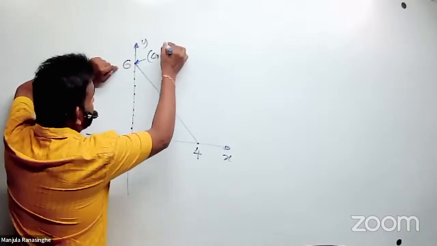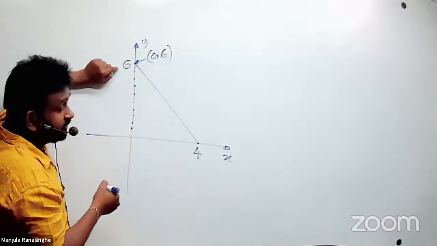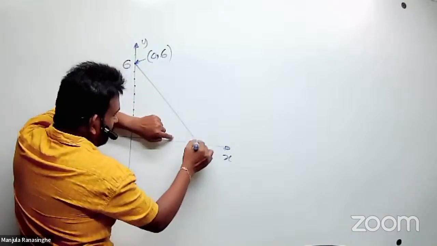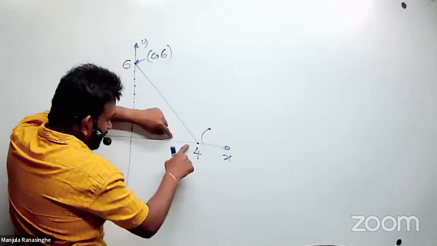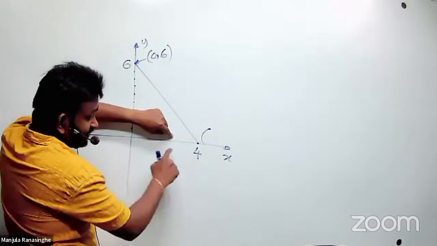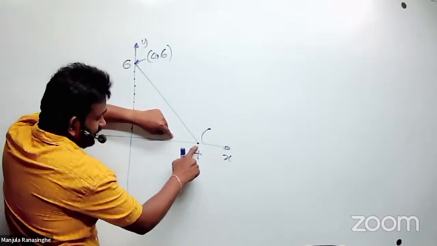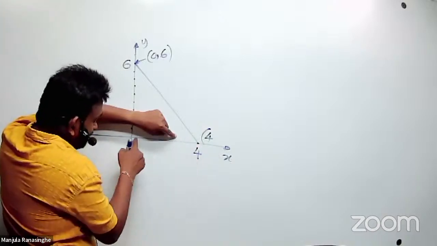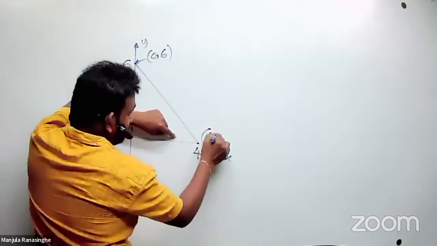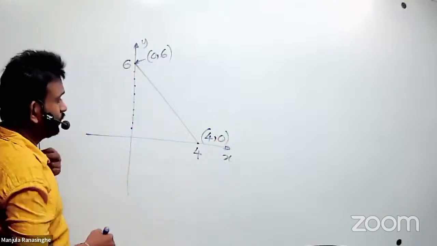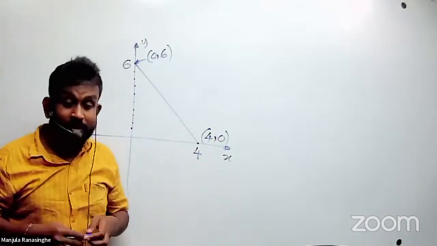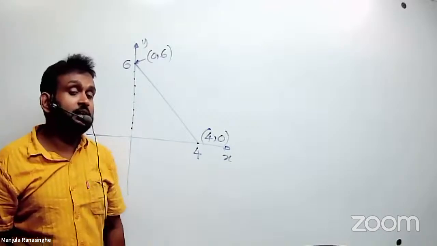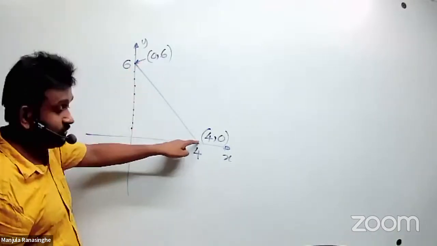So 0, 6, we converted it as a coordinate. Any point on the x-axis has y coordinate 0, and the x coordinate is given as 4. So x is 4, connect to the y-axis to see the y coordinate, that is 0. So it gives you 4, 0. That is how you convert into 2 coordinates.